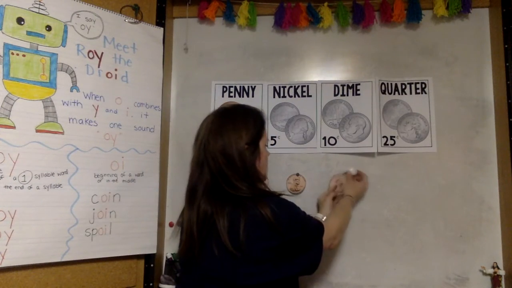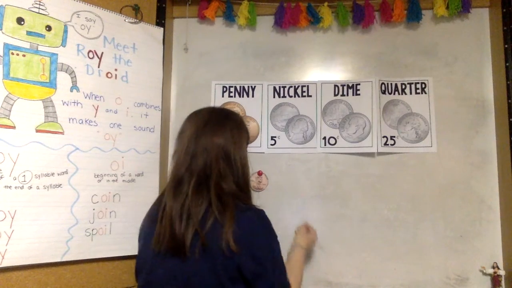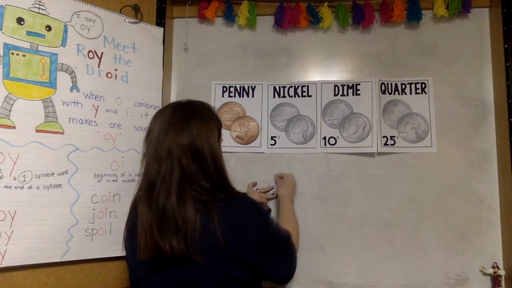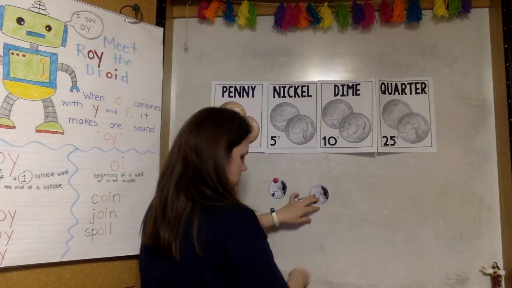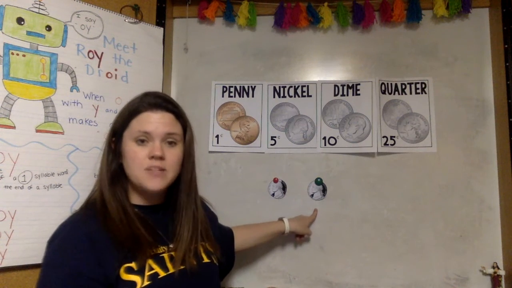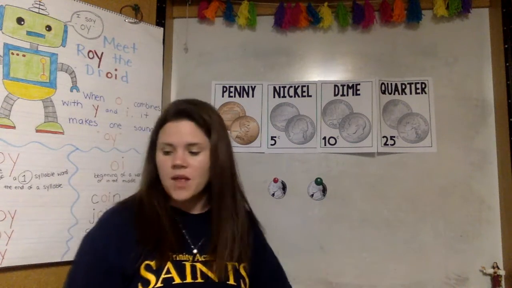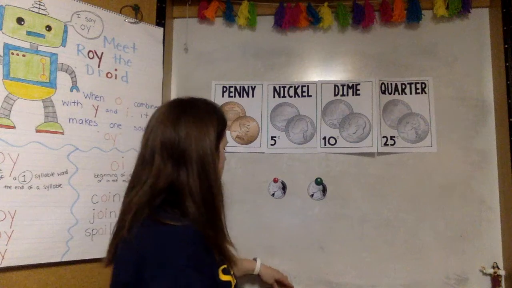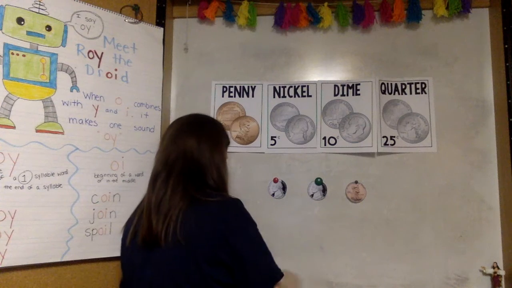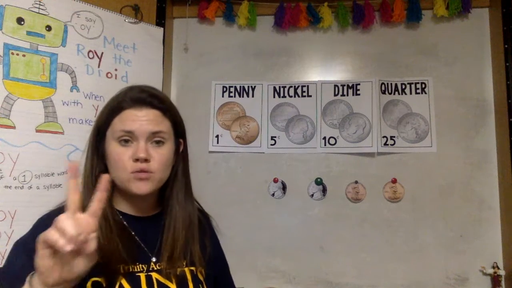Now, sometimes in math, we have to count with 2 different strategies, right? If I'm counting my nickels, I have 2 nickels. 5, 10. I'm counting by fives, right? 5, 10. I could keep going. 15, 20. That would be counting by fives. But now, if I have 2 nickels and also 2 pennies, I'm going to have to use two different strategies.